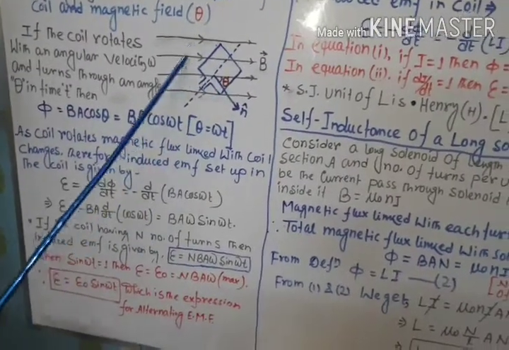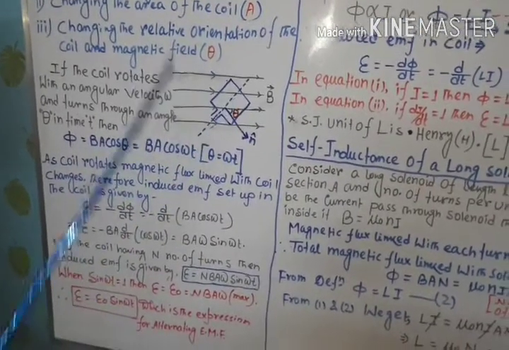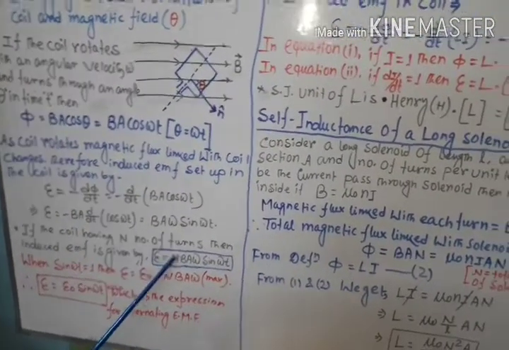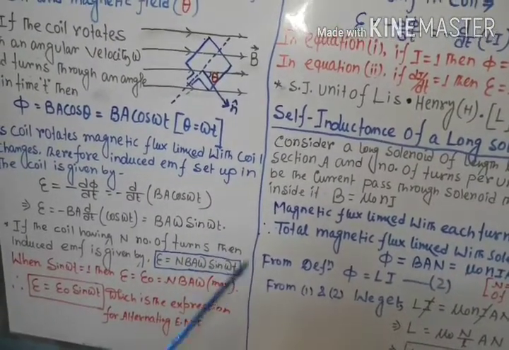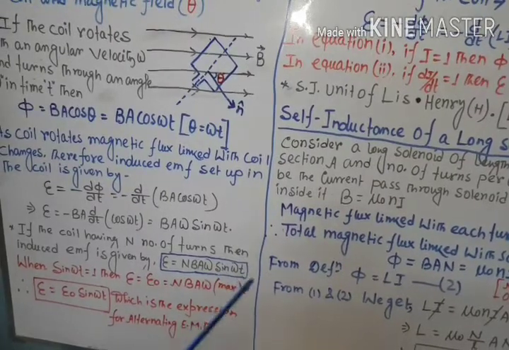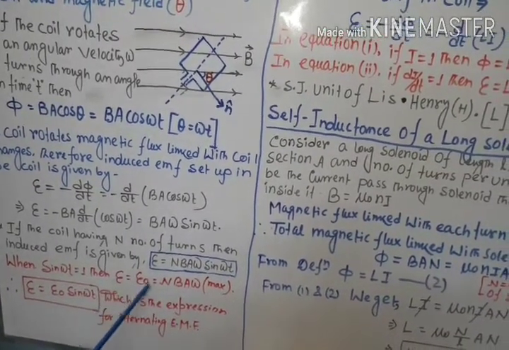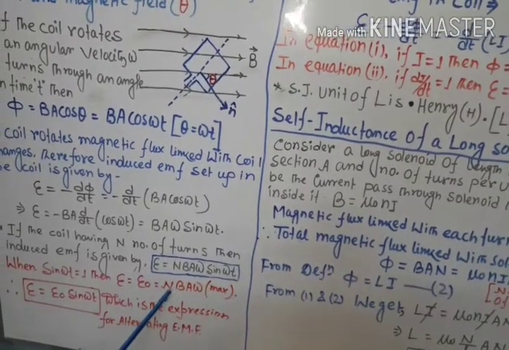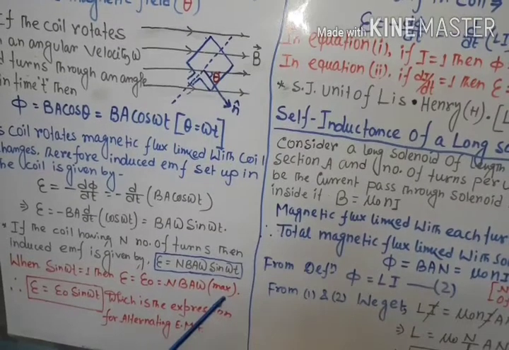Now if the coil has N number of turns, then the induced EMF is given by E equal NBA omega sin omega t. From this expression we can say the induced EMF becomes maximum whenever sin omega t equals 1. So E equal E naught equal NBA omega, which is the maximum value of induced EMF.